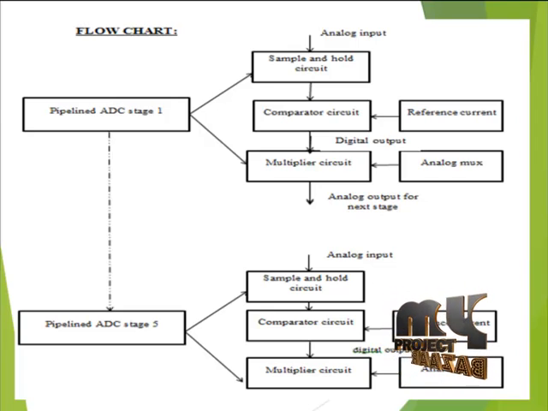The sample and hold is used to convert the continuous signal into a discrete signal, and then the circuit holds the value at a constant level for a specified minimum period of time. Thus the sample and hold circuit is the first stage of the analog to digital converter, and after it we give the comparator process.